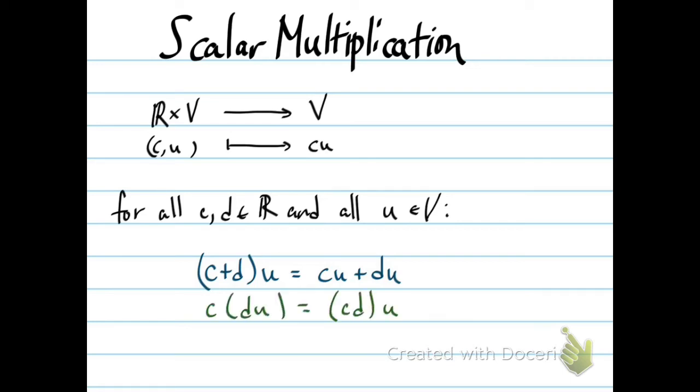I also want c times (d times u) to be the same as (c times d), as scalars, times u. And finally, I want 1 to behave like a 1. So I want 1 times u to equal u. And this is items 6 and 8 through 10 on the definition on page 190.